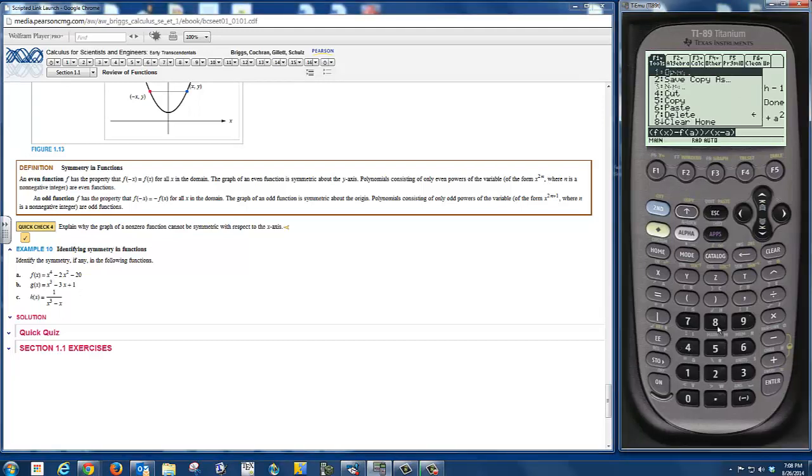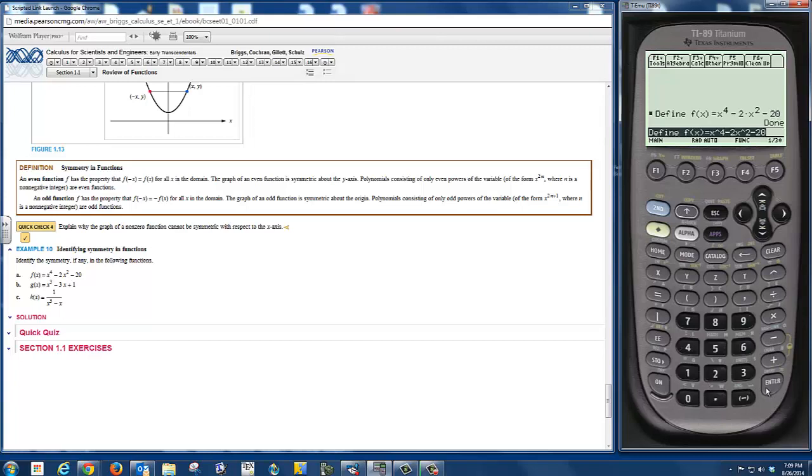Again, let's clean house here on our screen. So let's look at this new function, x to the fourth minus 2x squared minus 20. So we will define f of x to be x to the fourth minus 2x squared minus 20.